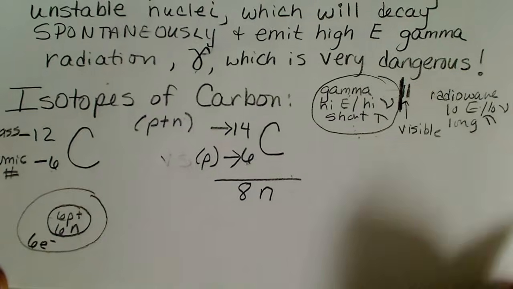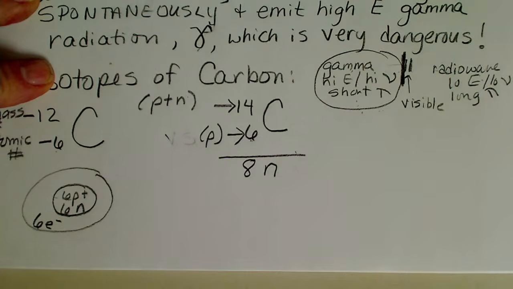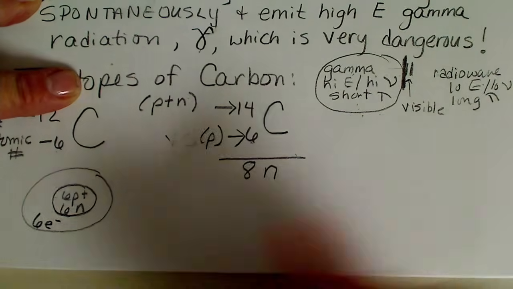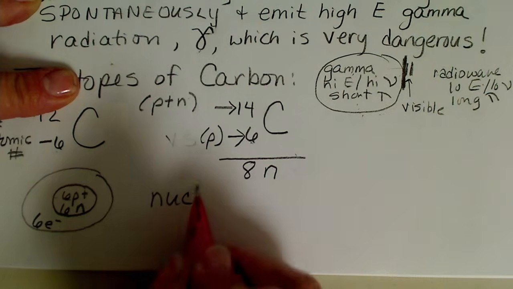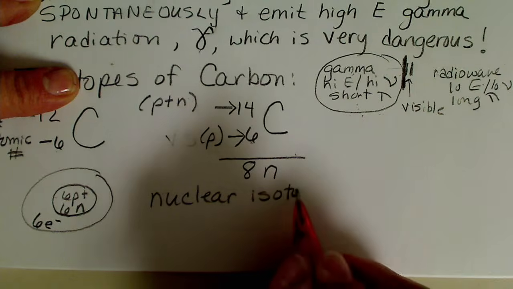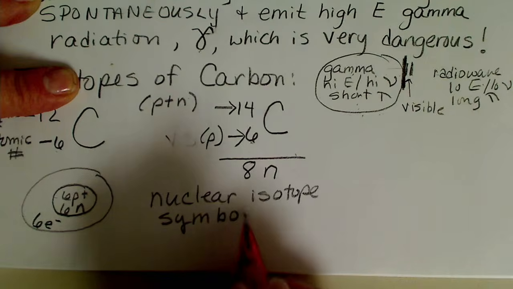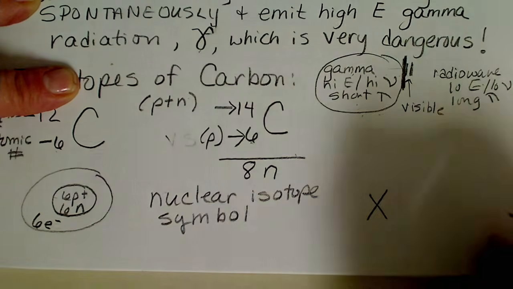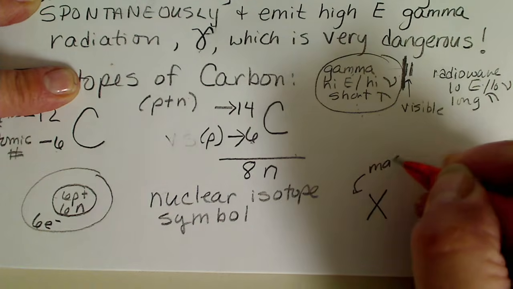Now, when we talk about a symbol for a nuclear particle, it's going to have the same format. A nuclear isotope symbol, I'm going to write with an X. So if we write X here, the top number is still the mass number.